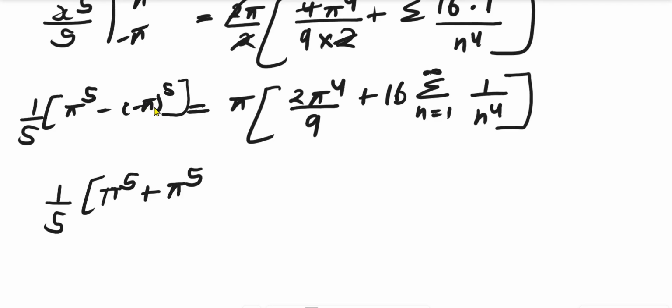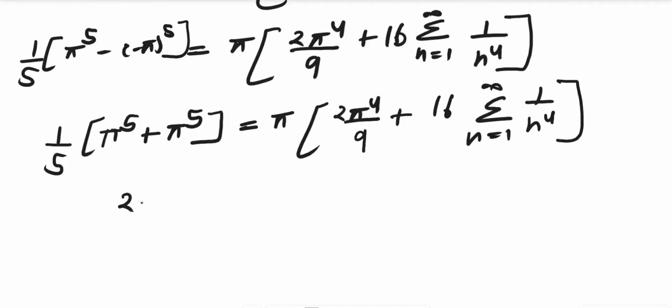Since minus pi raised to the power 5 is odd, it becomes minus pi raised to the power 5, and minus minus is plus, equal to 2 pi raised to the power 5 divided by 5.